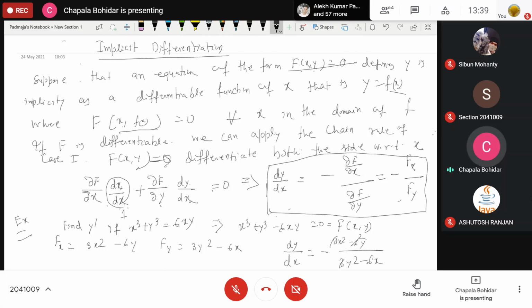It is 2. So I can write down it is x square minus 2y divided by y square minus 2x. Clear to all of you? It is clear? Next.